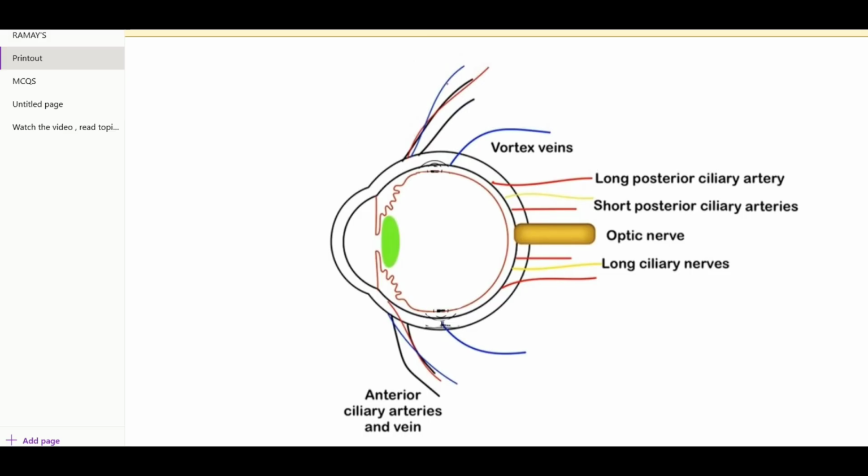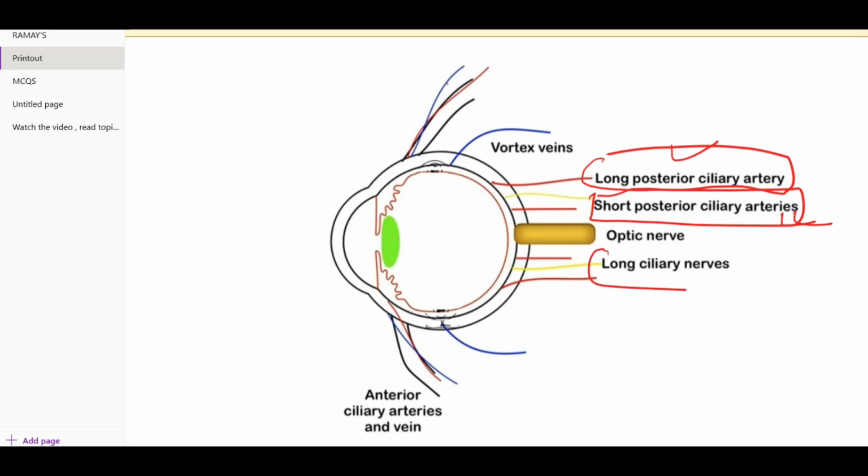First of all, the posterior apertures give way to the long and the short posterior ciliary arteries, and the long ciliary nerves also travel through these posterior apertures.